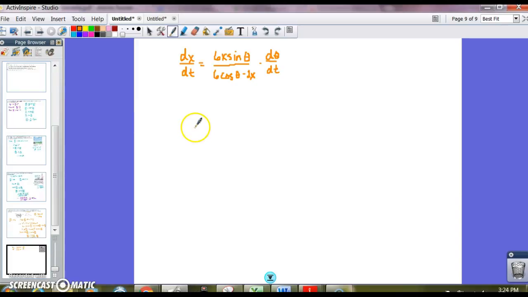So to find x, I've got 7 squared is equal to 3 squared plus x squared minus 2 times 3 times x times the cosine of pi over 3.